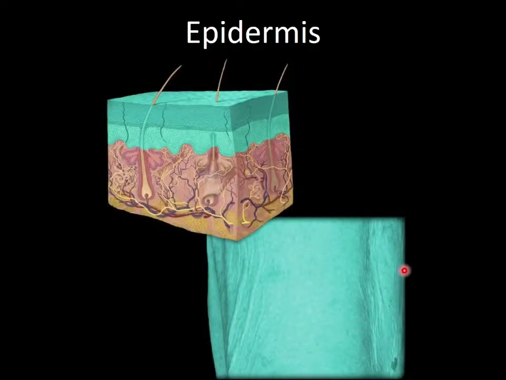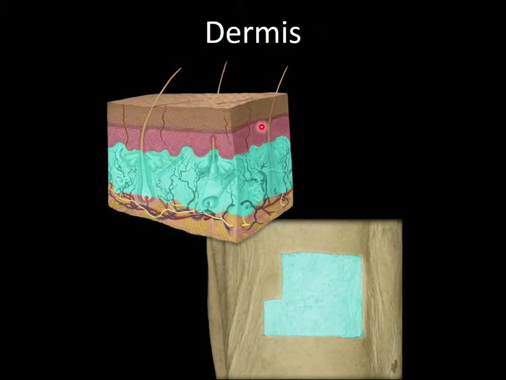Again, looking at the epidermis, this is the skin as we see it on the outside. Looking at a cross section, the uppermost layer is called the epidermis, and it is separated from the dermis underneath it by this basement membrane. Underneath the epidermis, we will find the dermis, a structure of connective tissue.